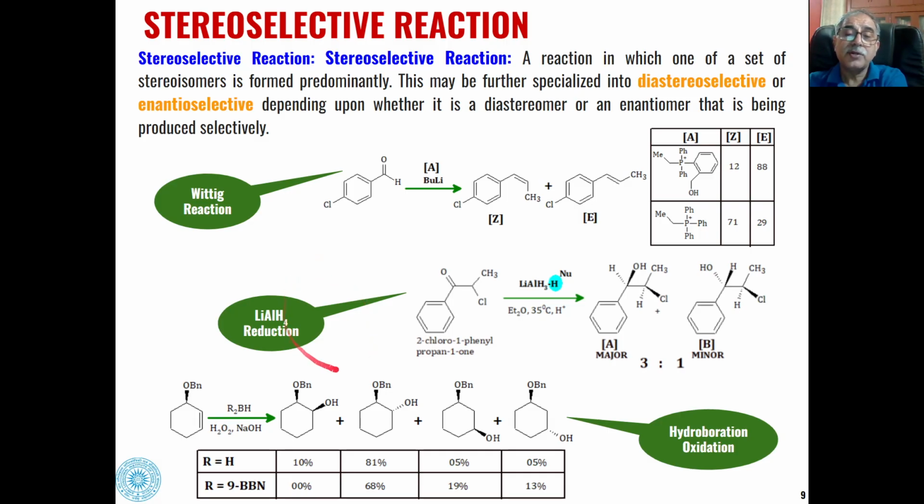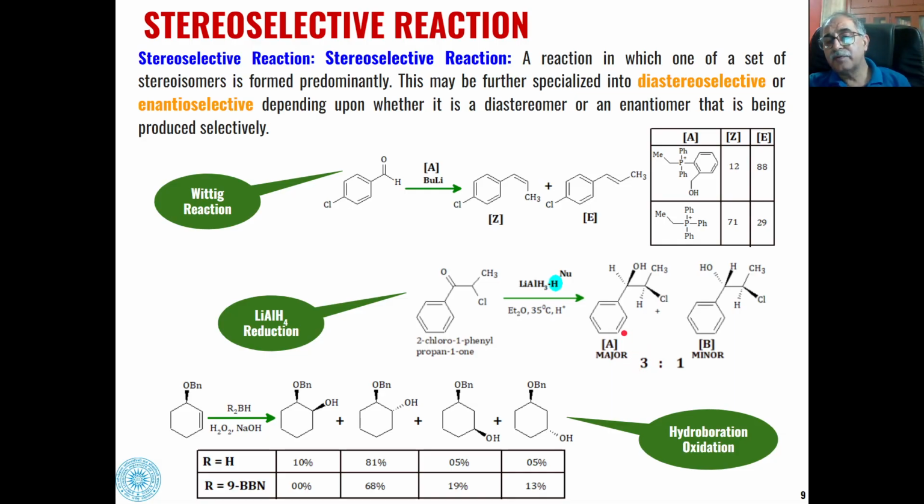Similarly, if we do the lithium aluminum hydride reduction of this ketone, 2-chloro-1-phenylpropan-1-one, two types of products are possible on reduction, and these two diastereoisomers can be formed.